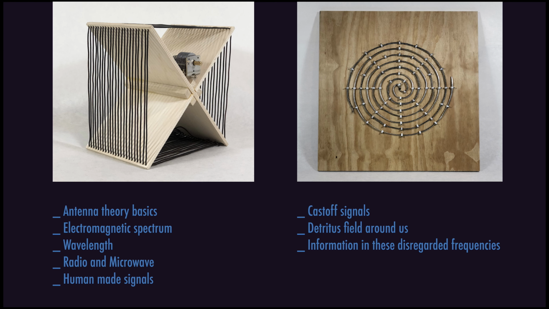That leads me to learn about the electromagnetic spectrum. While we're familiar with a portion of that, the visible range, I'm working with the radio and microwave range. That is where we're finding a lot of technology from human development, largely in that range. And I think that using my own antenna, I can start to control this information a little bit more.